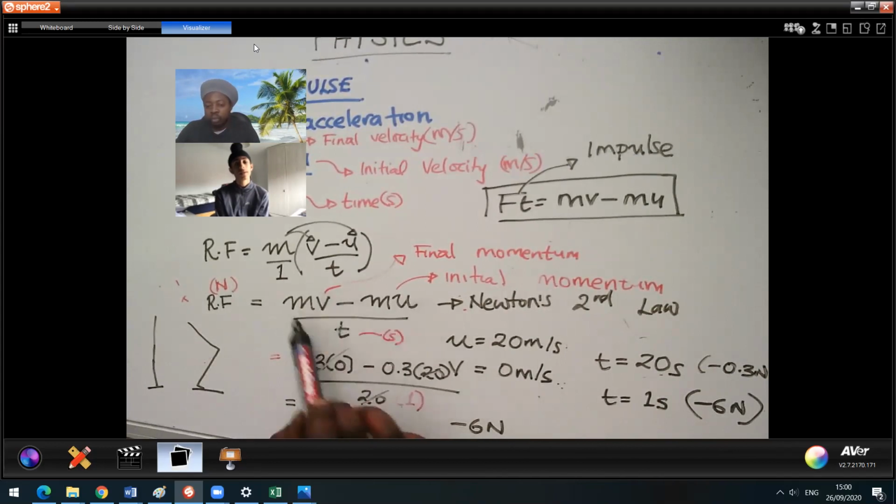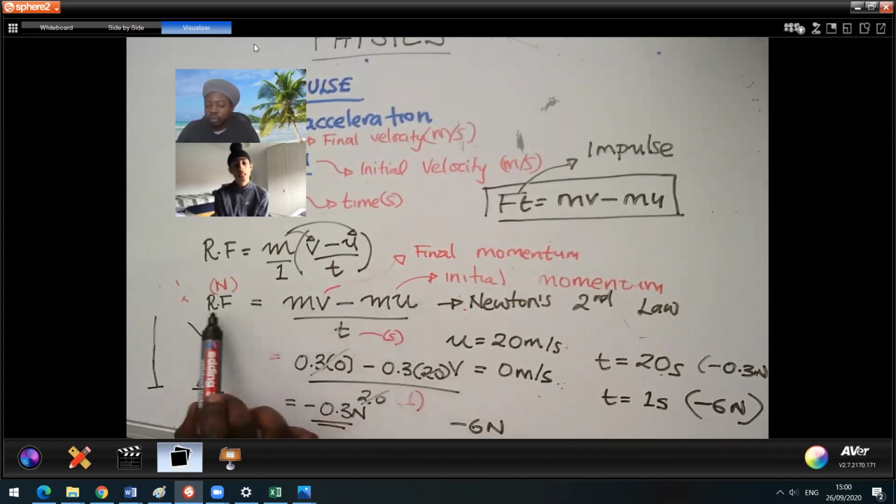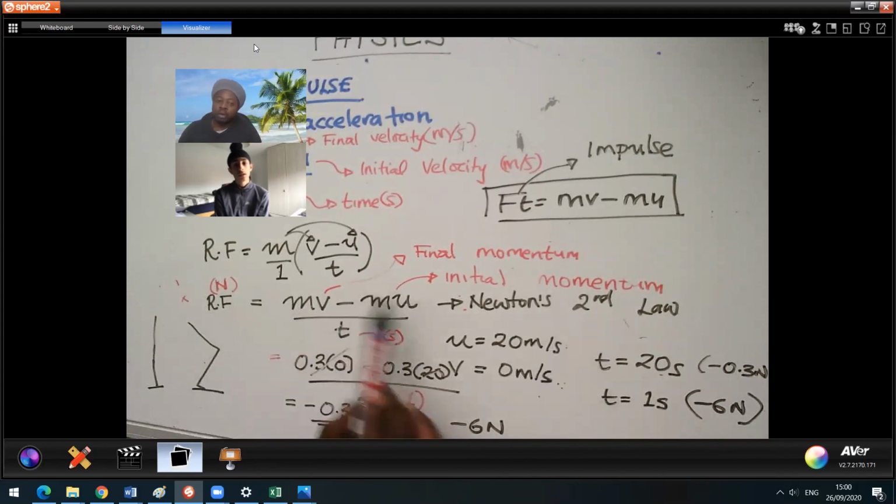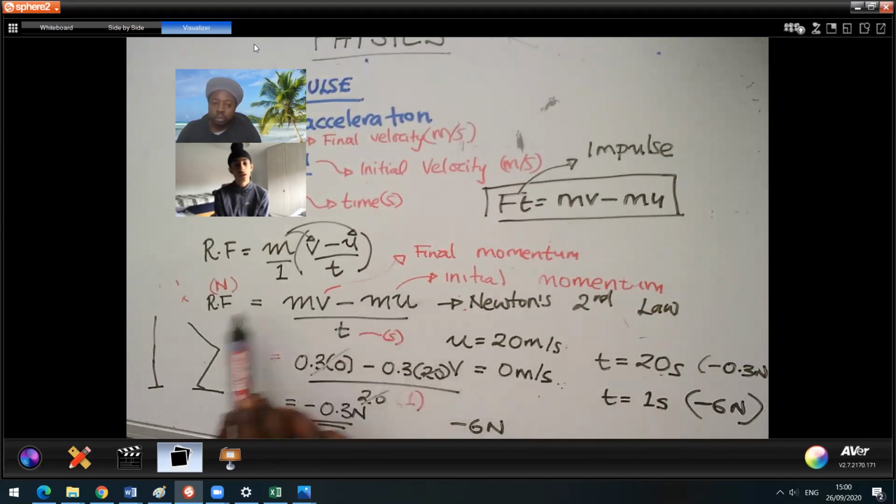So the rate at which momentum changes is directly proportional to the resultant force. That's what Newton's second law states. Okay, so far so good.